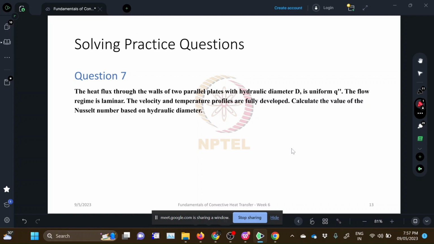So the question is clear, right? We have a parallel plate like this. There is a uniform heat flux q double prime through both plates.